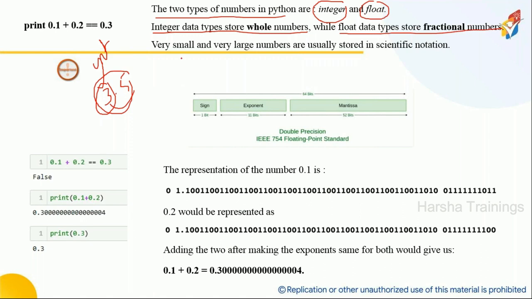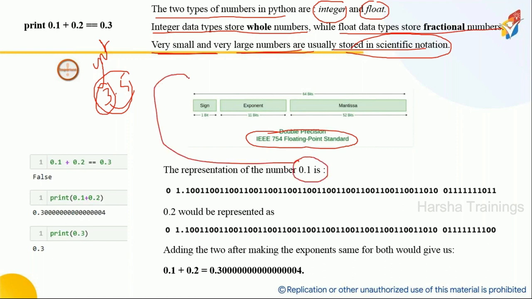Now in the memory, very small numbers and very large numbers are usually stored in scientific notation. Once again, remember carefully. According to the IEEE 754 floating point standard, 0.1 will be stored in the memory in 3 parts.